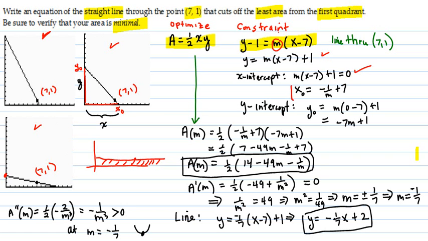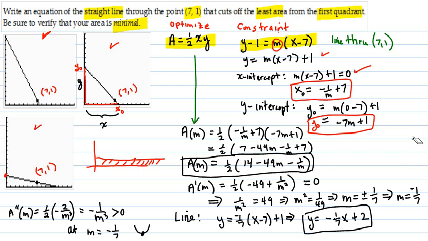Your x-intercept comes out to be this, and to get the y-intercept, setting x equal to 0, your y-intercept ends up being this. So then you realize your area is just going to be 1/2 x0 times y0. That's really going to be the area.